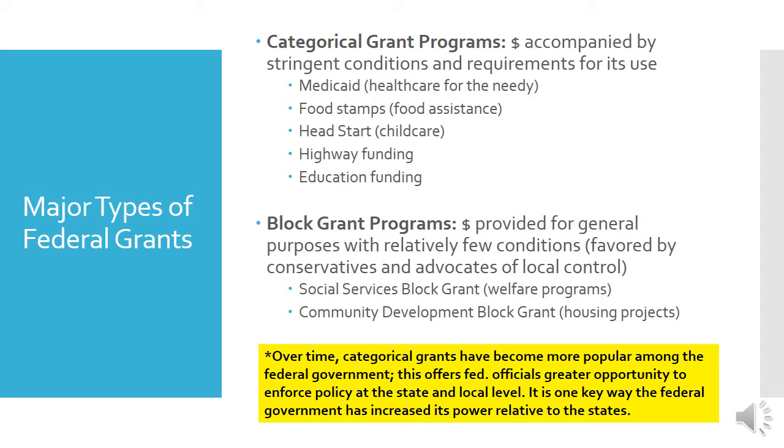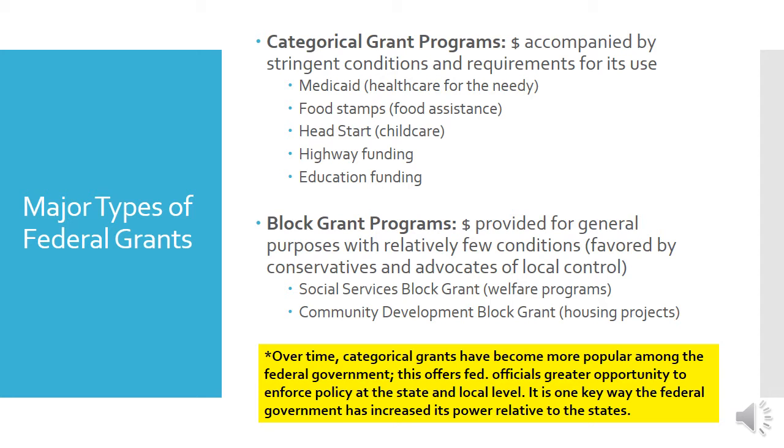So some examples of these: there's a broad block grant administered by the federal government called the Social Services Block Grant. This is for programs that we would probably broadly consider welfare programs. We studied this a little bit earlier in my class, how they made some significant changes to this in the 1990s in terms of allowing states a lot more local control over how to administer welfare programs as long as they meet some just general conditions.